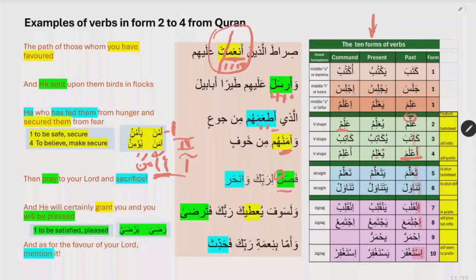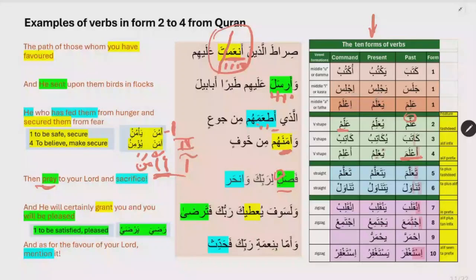So sometimes letters do fall off, which sometimes complicates things for us as beginners and learners, but you do get used to it. The word salah is to pray, and the verb salla comes from that as well. Salli is the command form of salla.